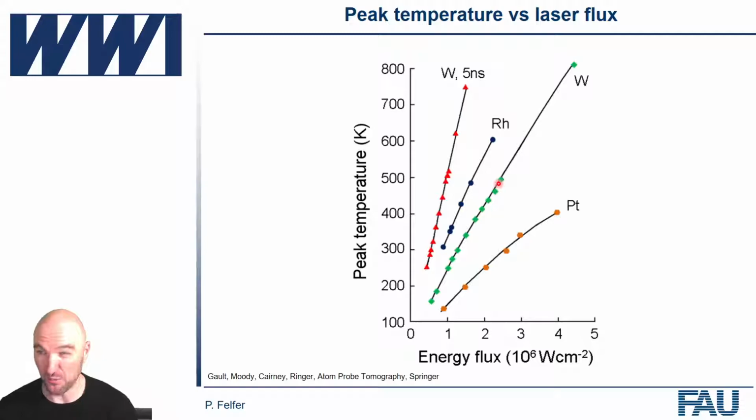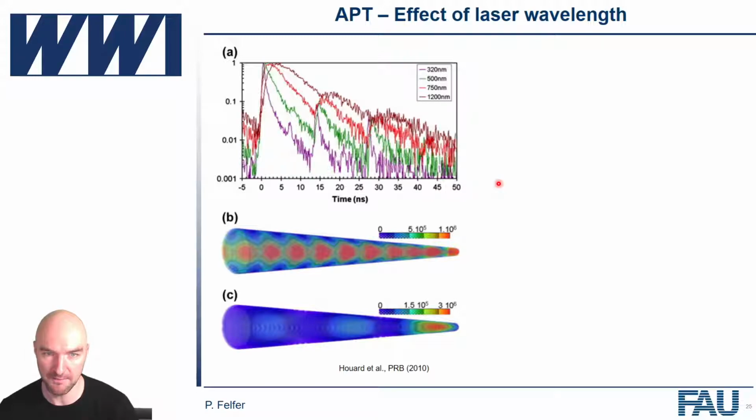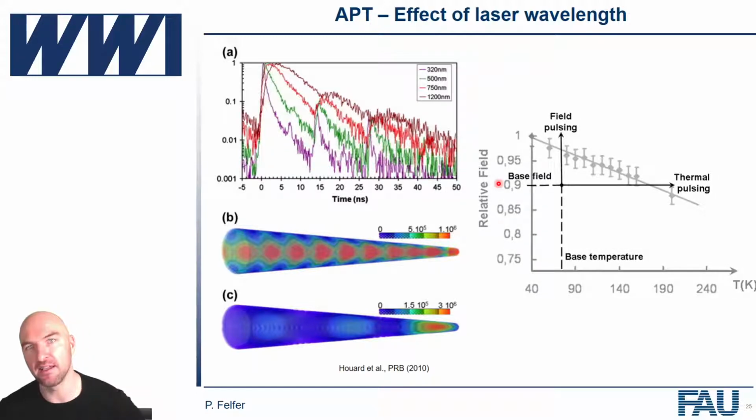So the question is now, what can we do then to improve the measurement quality here? And here it's mostly the effect of the laser wavelength. So again, we have the thermal pulse, and we want the thermal pulse to be as short as possible, just like we want the voltage pulse to be as short as possible. And if you actually shoot a laser onto a specimen, which is a sub-wavelength antenna essentially, at least for now, then the maxima of the absorption are dependent on the wavelength.